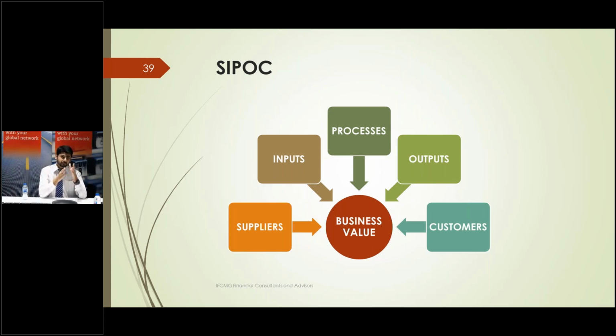For example, if we take Indus Motors, their main supplier is Toyota Japan, and their inputs are the car components that they import. Their processes are the manufacturing and assembling of the car, and their output, for example, we just considered 6 variants of Corolla available.